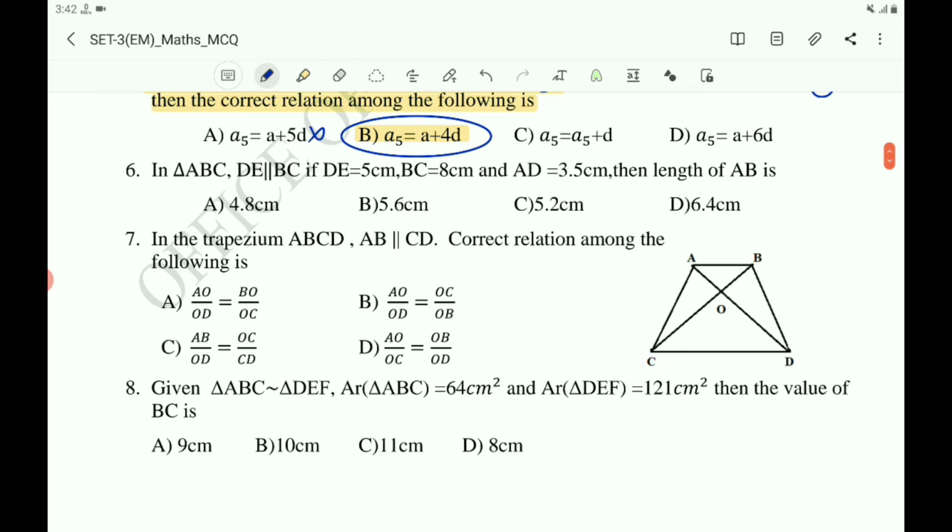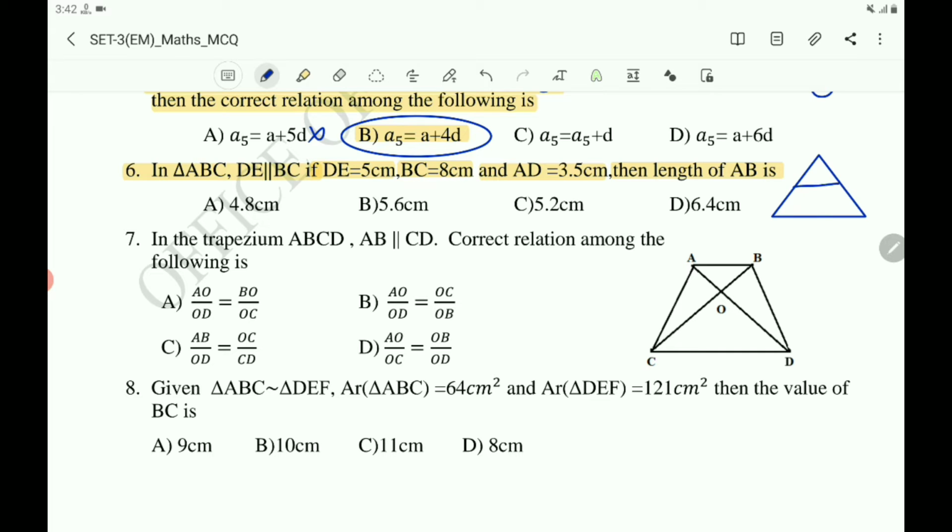Then you take the sixth question. In triangle ABC, DE parallel to BC, if DE equals 5 cm, BC equals 8 cm and AD equals 3.5 cm, then the length of AB. Let us take a rough sketch of triangle ABC.